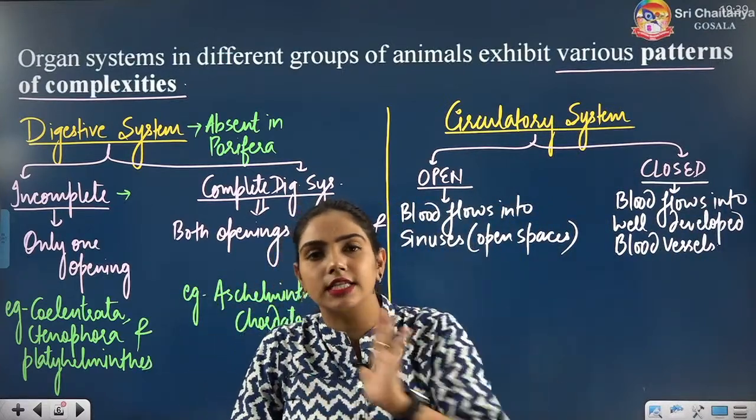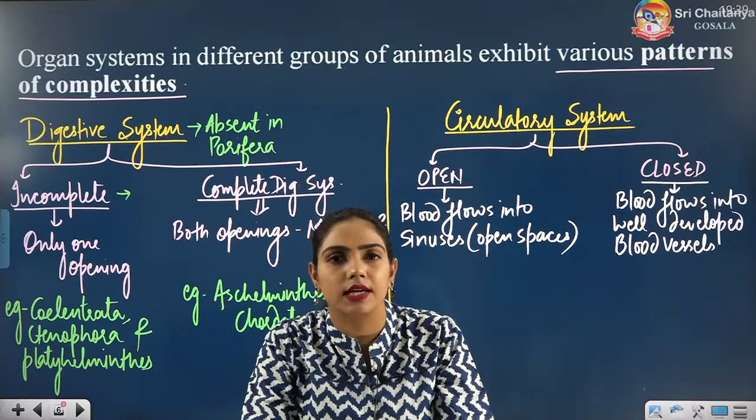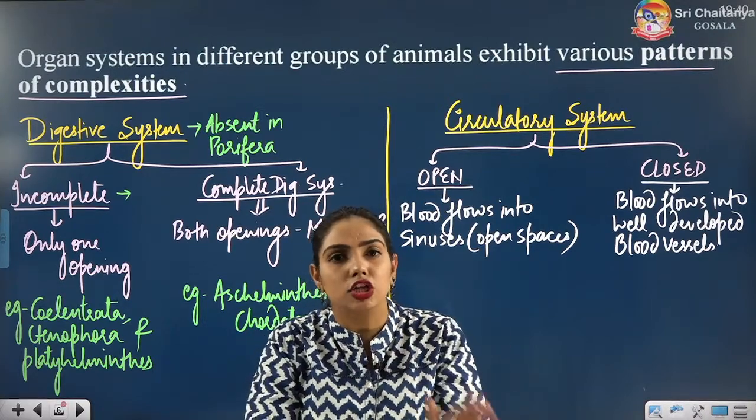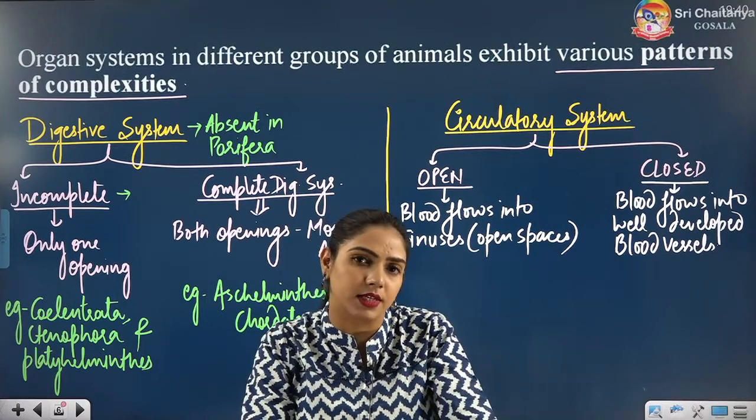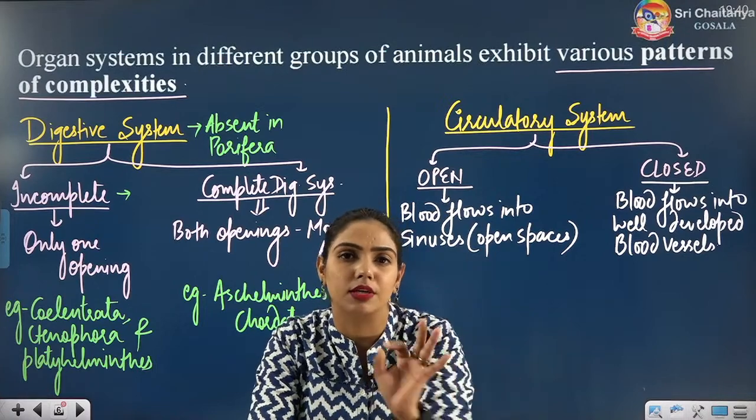Alright. So the circulatory system is absent in which of the phyla? The circulatory system will be absent till the organ level of organization because they don't have an organ system, right? So till Platyhelminthes it will be absent. But in Aschelminthes also it is absent. You have to remember this point.